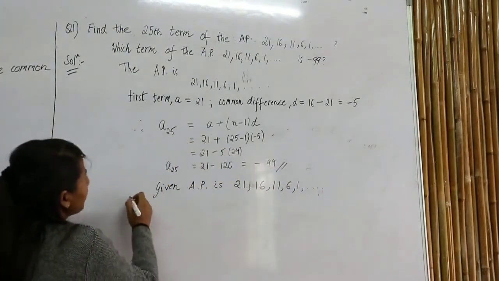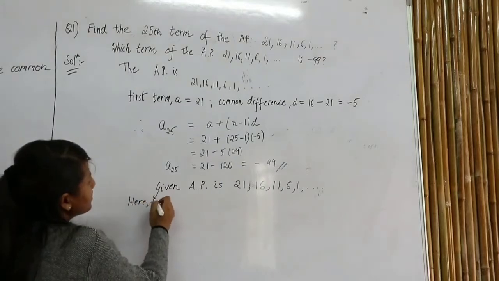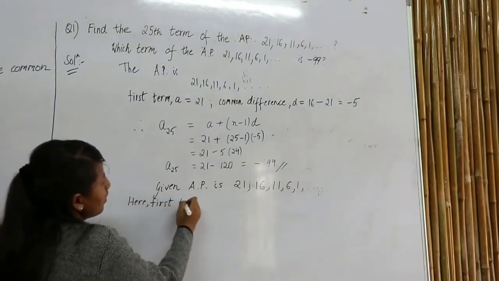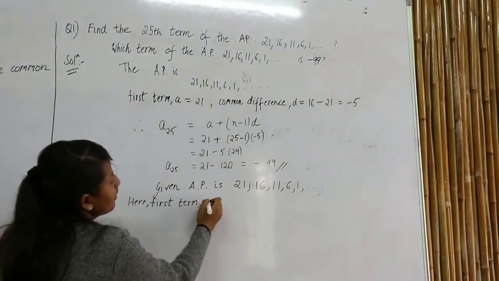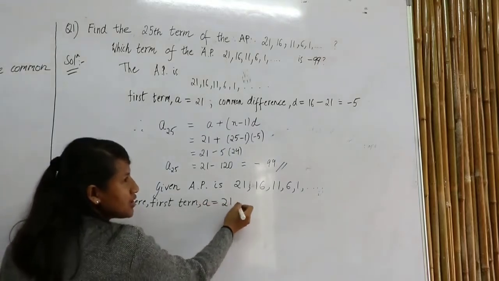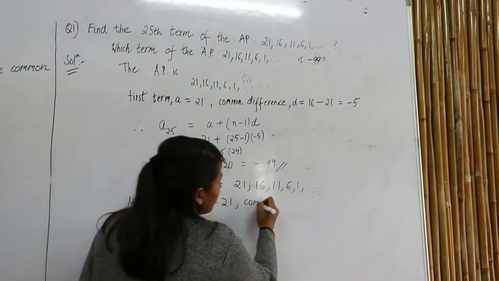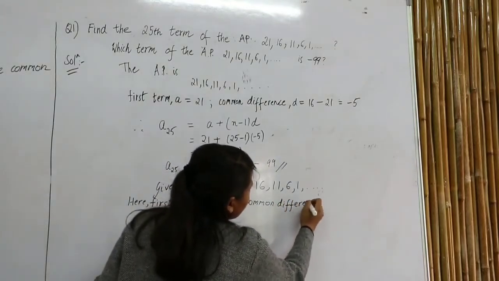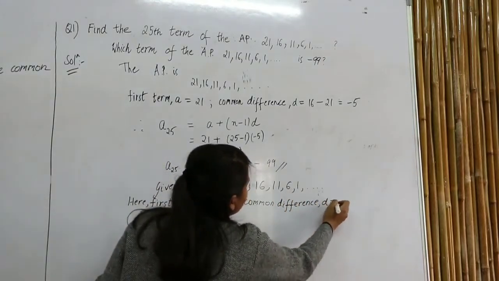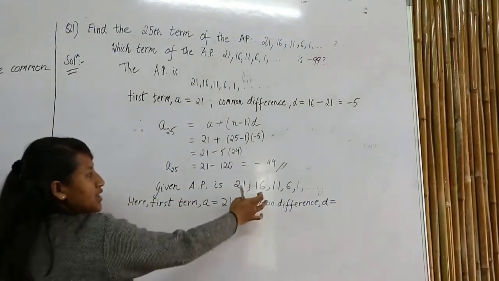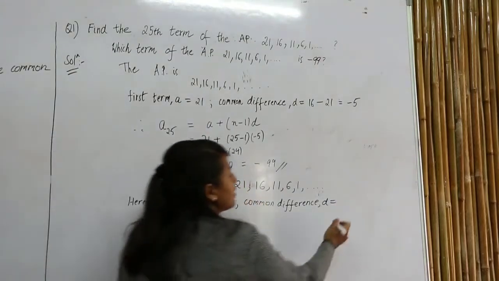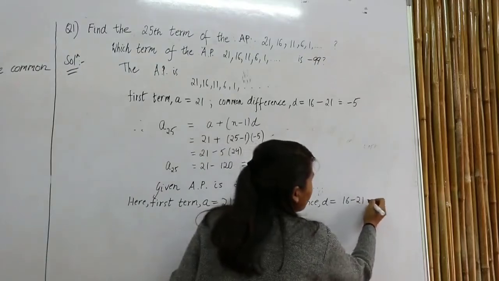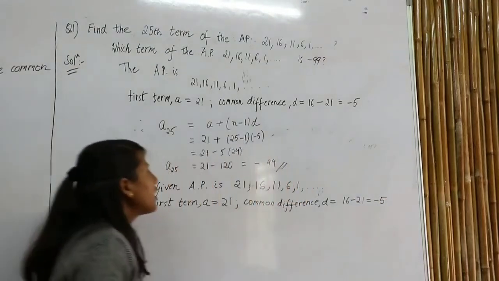Again you have to write the first term and the common difference. So common difference D is equal to 16 minus 21. So 16 minus 21 is minus 5.